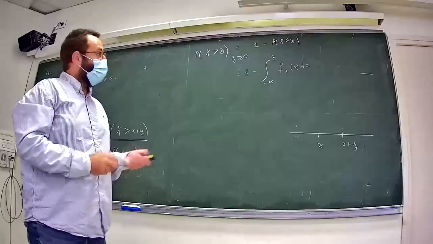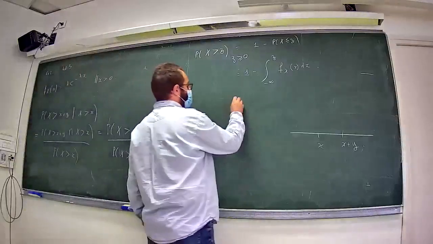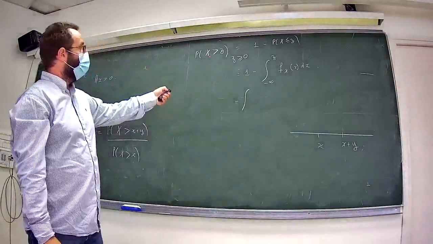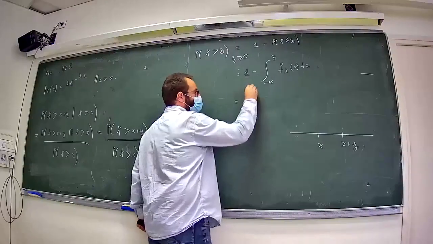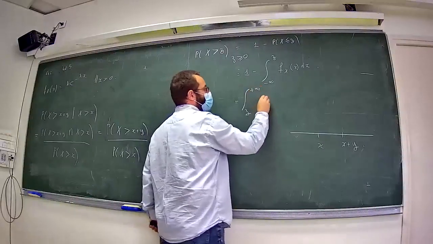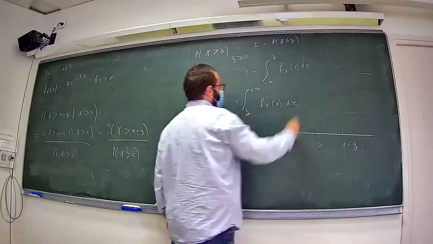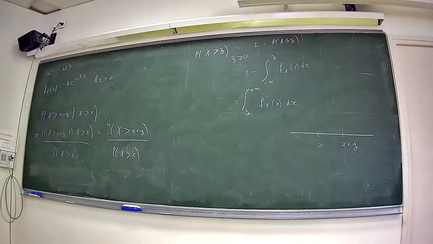I can also check directly that this difference may be written as an integral. I want the probability to be strictly greater than z, or greater, whatever. It's the integral between z and plus infinity of the density function. It's exactly the same as what I obtained here. My question is, because it's continuous, we can directly use this one, right?